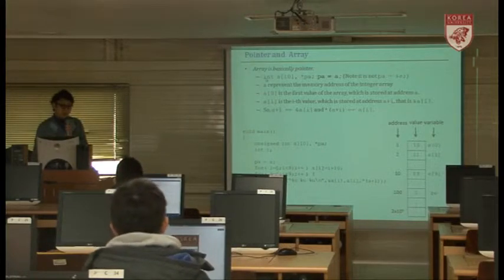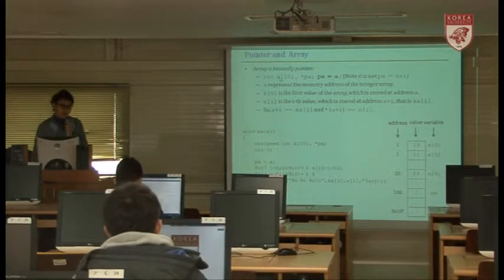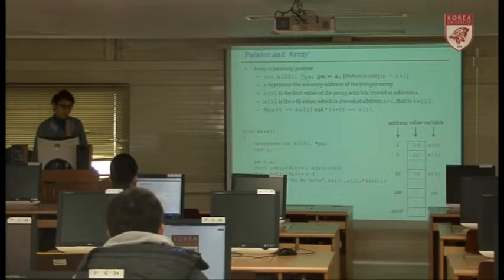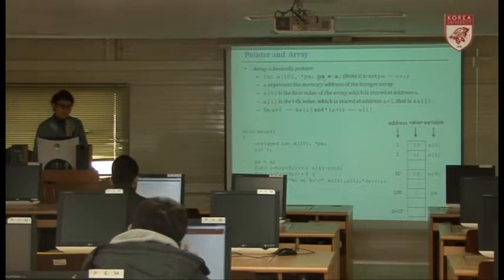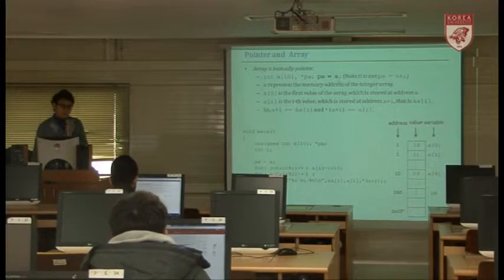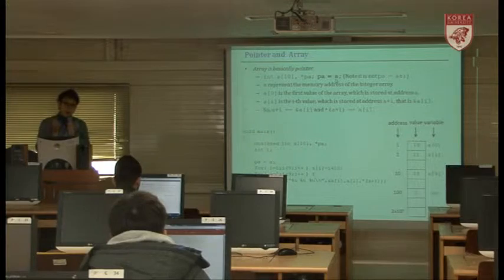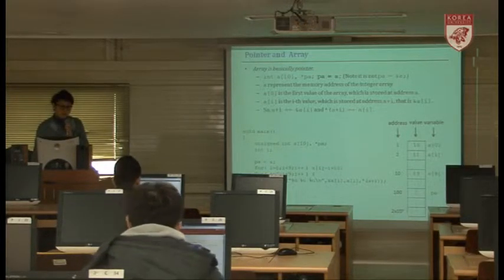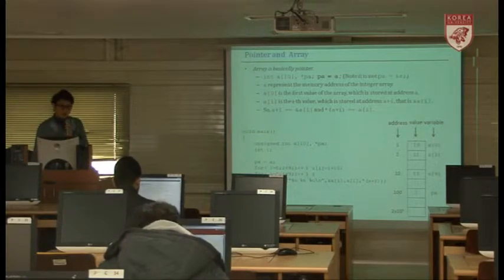So if we declare an integer array A and a pointer PA, we can write PA equal to A, because this A contains the memory address of the starting point of this array. So basically we can use PA equal to A.